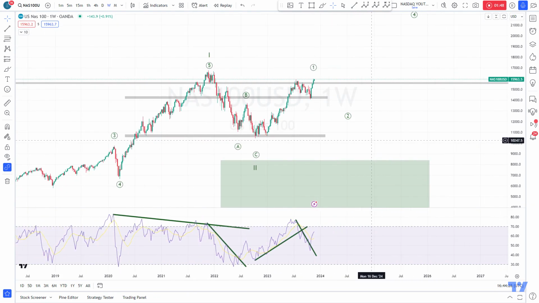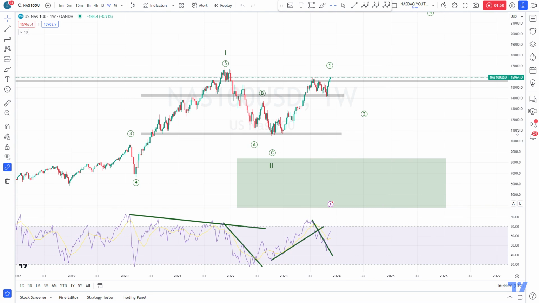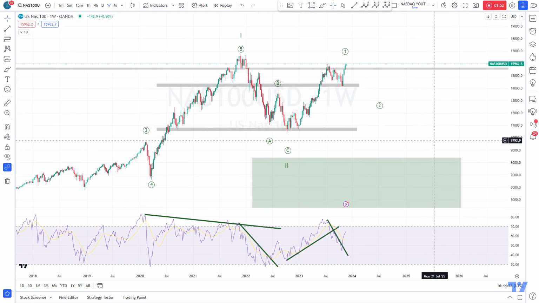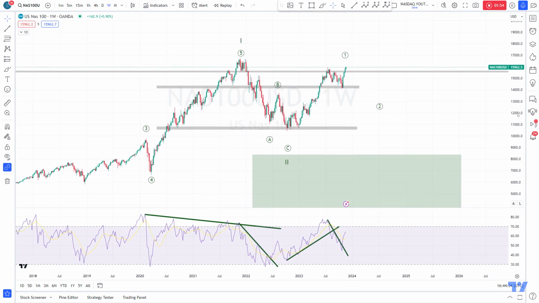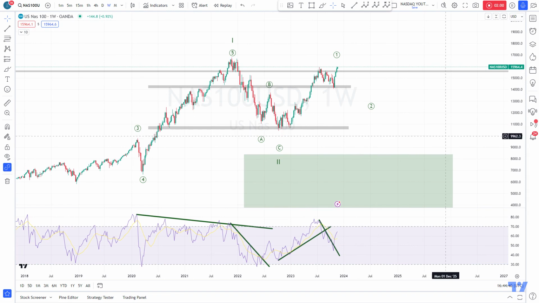If you follow me for a while, I always presented you in the weekly time frame, in the higher time frame, also a bearish analysis or a bearish forecast. I didn't put this forecast on my chart because it's better to assume the bullish forecast.